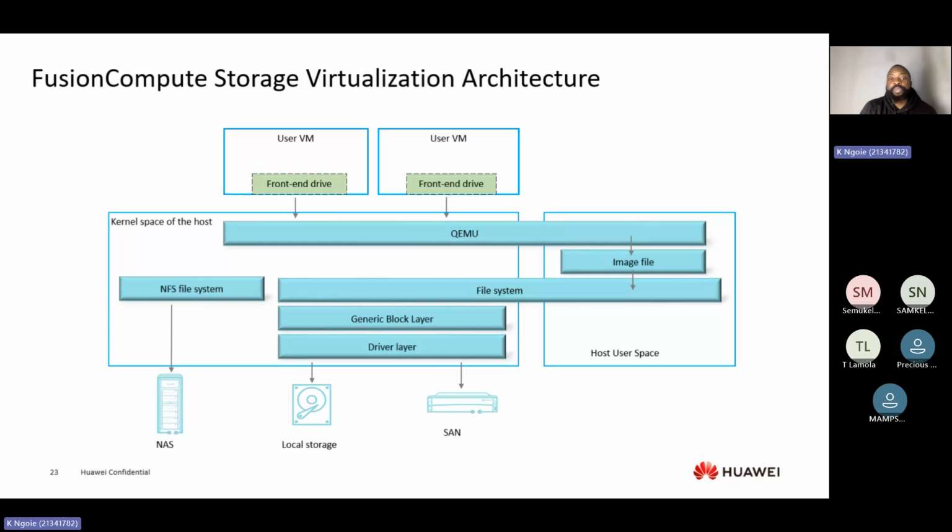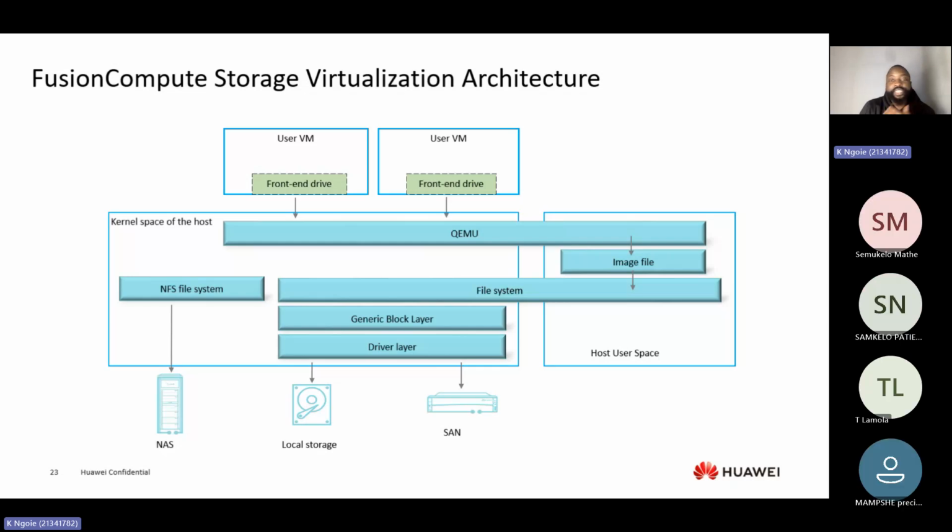QEMU is a front-end driver which receives all the requests, such as read and write requests, and then processes them. In the case of an image file, the request goes through the file system.